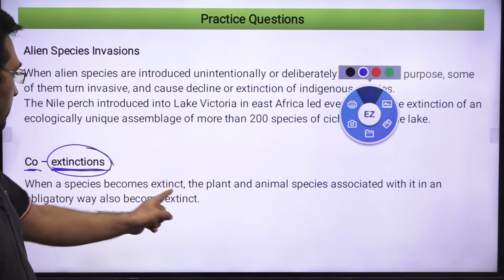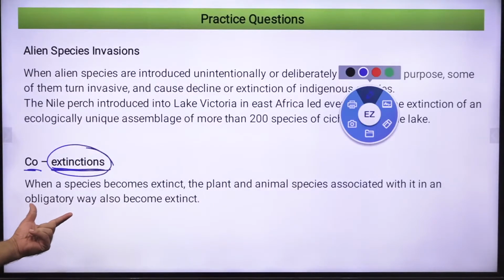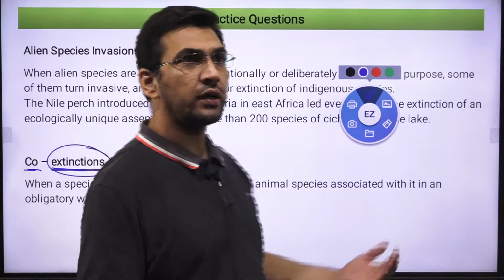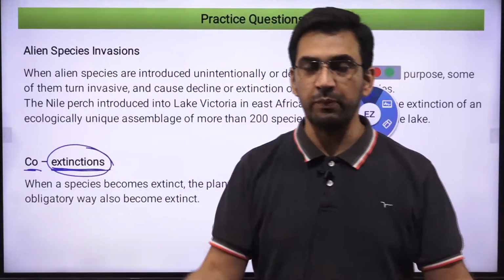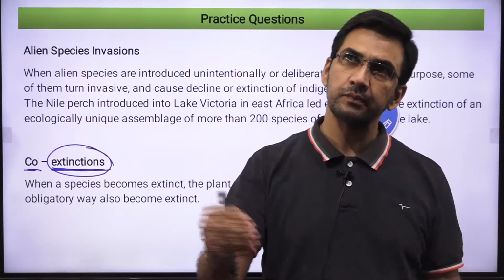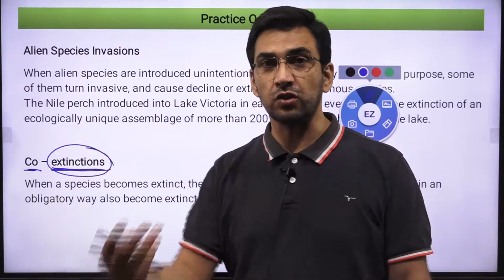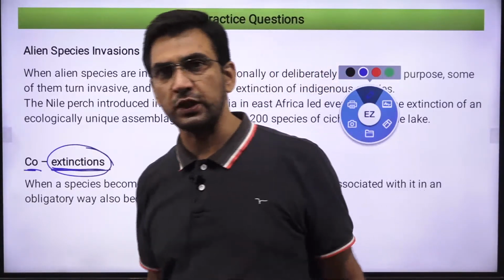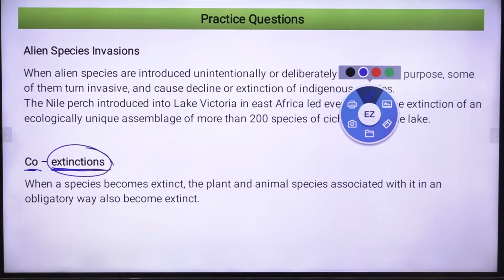When a species becomes extinct, the plant and animal species associated with it in an obligatory way also become extinct. Obligatory way means you are entirely dependent upon that species. Because of any reason, if it is damaged, or if it dies or becomes extinct, then obviously all the species dependent upon it are also going to become extinct, right?